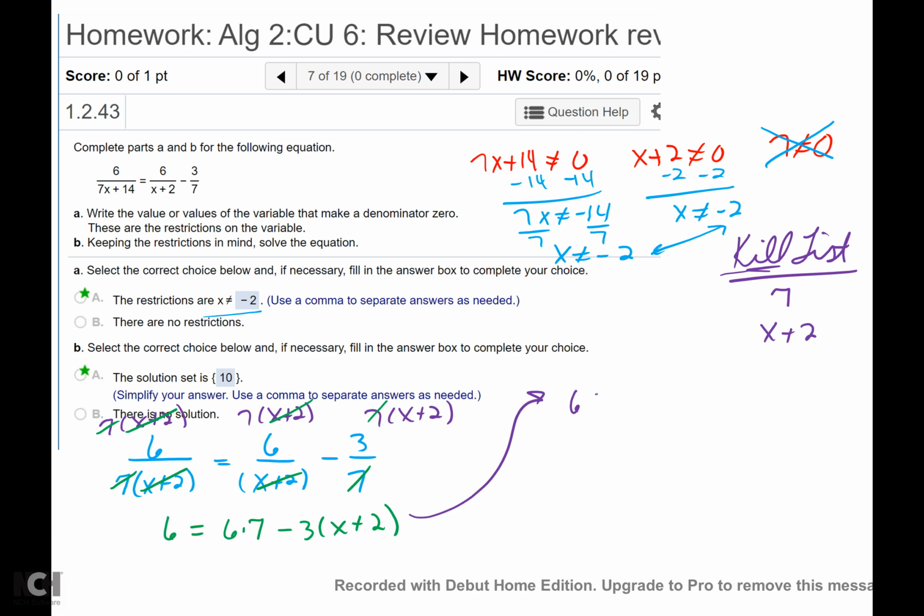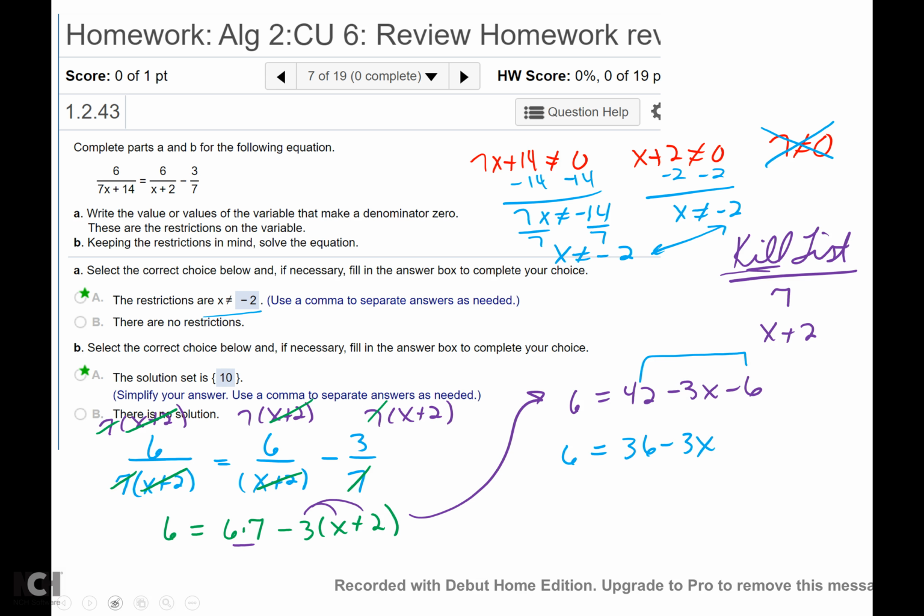So I have 6 equals 42 minus 3x minus 6. Distribute and multiply. Combine like terms. So I have 42 minus 6, and that's going to be 36. I just don't want to make mistakes. 36 minus 3x.